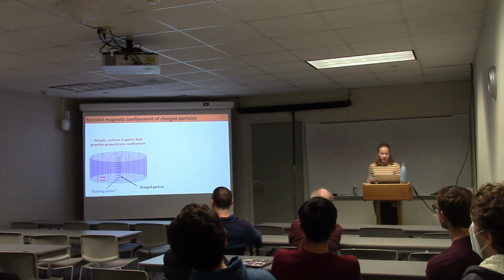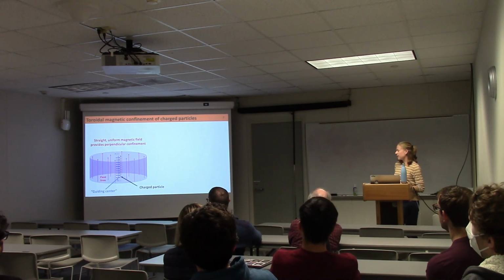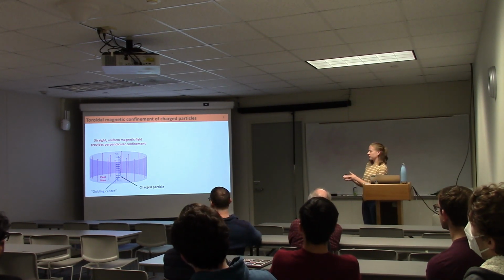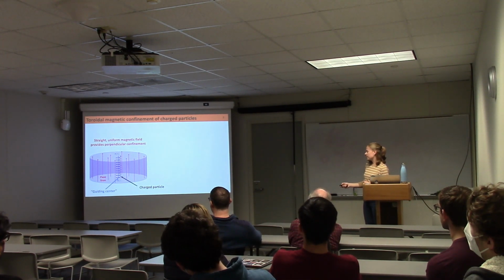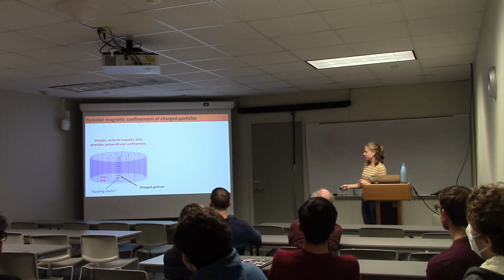So when we're thinking about toroidal confinement, we're taking advantage of the fact that if you have a strong magnetic field, the gyration of the charged particles gives you perpendicular confinement. So if you have a strong vertical magnetic field, then the charged particles are going to be confined in the perpendicular direction, so they're going to stay close to a given magnetic field line.